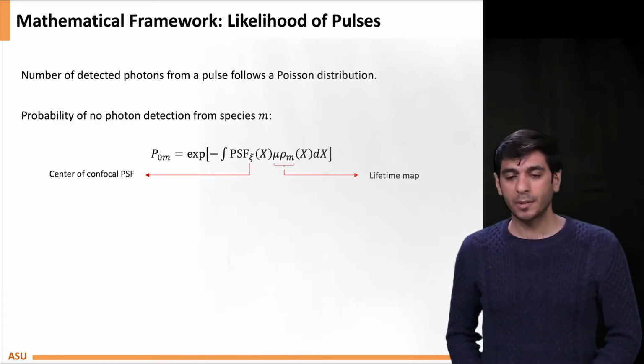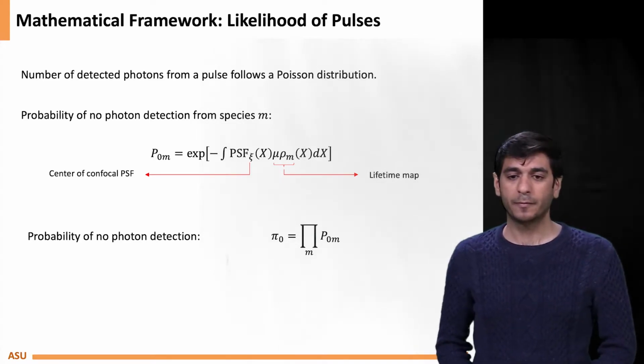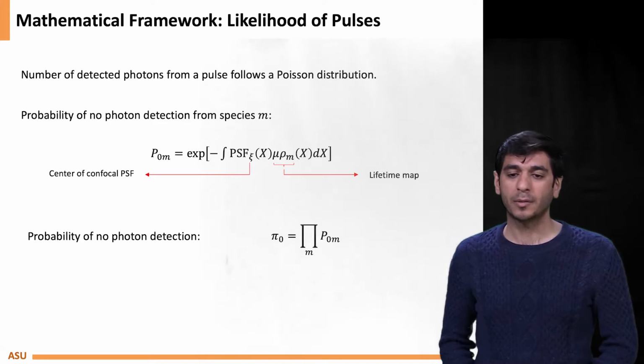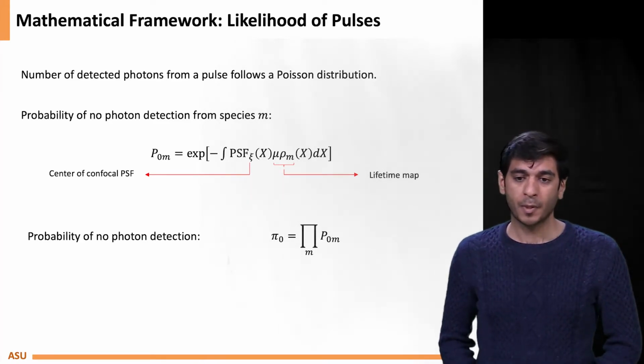So the probability of detecting no photons from all the species is simply given by the product of this P naught N for all the species present in the data.